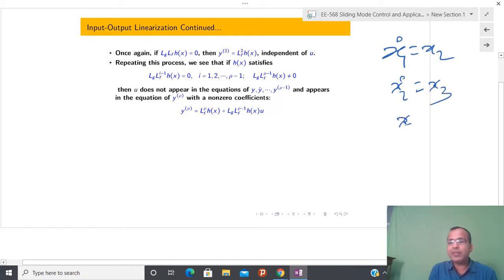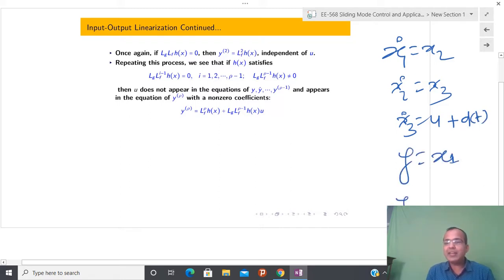I am taking a very simple system because I just have to illustrate. Now if y equal to x1, then you can see that if you calculate the first derivative, control is not going to appear. If you calculate the second derivative also, control is not going to appear. Now you have to go to the next derivative, and only then will control appear.